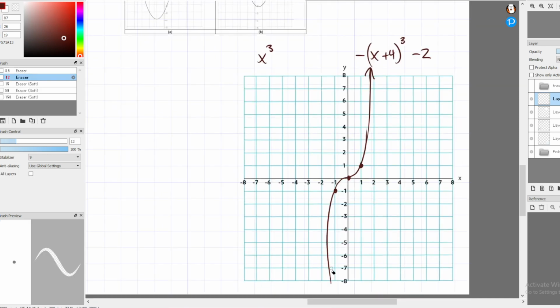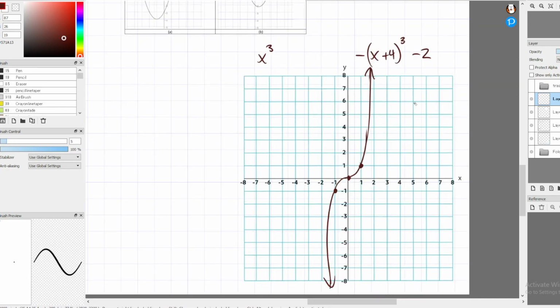But because we do reflections first, our new graph would look like this instead, where the y's flip. But also, it's moving to the left by 4, and it's moving down 2. So this would be our new graph, and that is the answer.